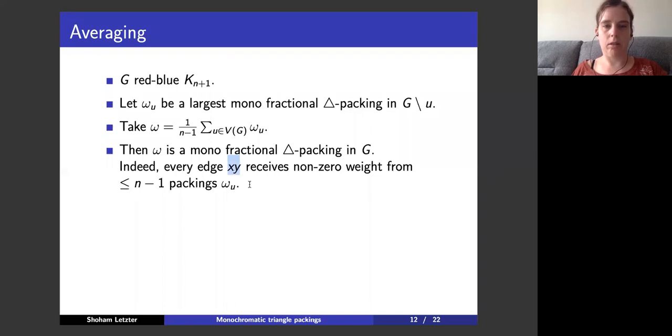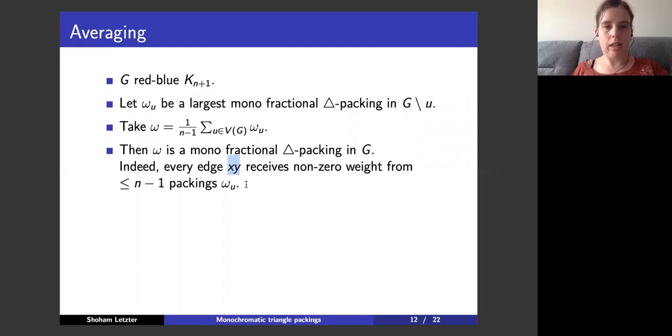And so it receives non-zero weight from at most n minus 1 packings ω_u, which altogether gives an upper bound of 1. So we showed that every edge receives weight at most 1 under ω, which tells us that ω is indeed a fractional triangle packing.